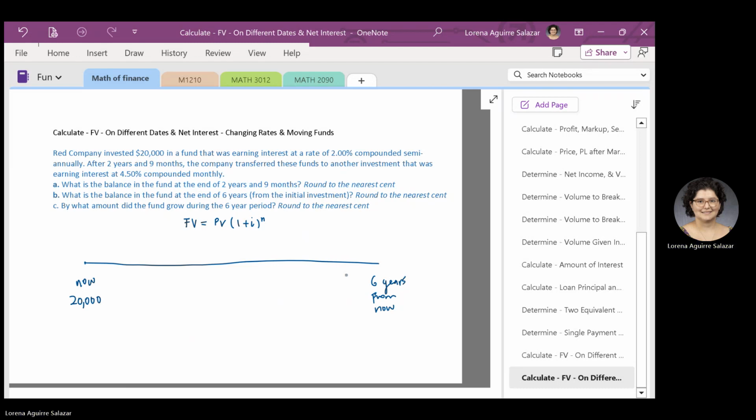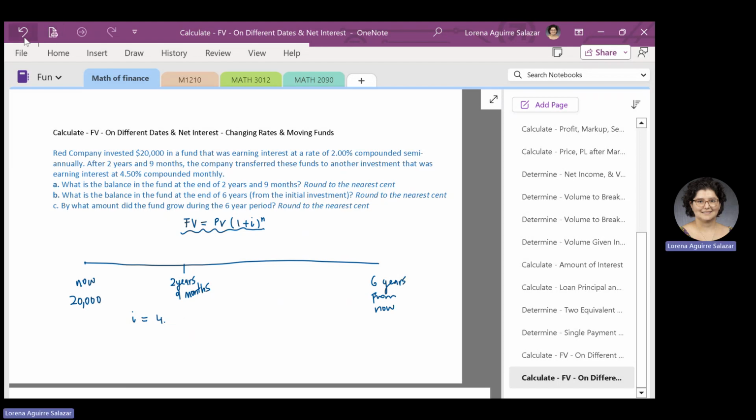Then to know how much money there was in the fund after 2 years and 9 months, we use this formula with 20,000 as the principal value. The i was the rate they gave us divided by 2, because the rate was 2% for the first time period.